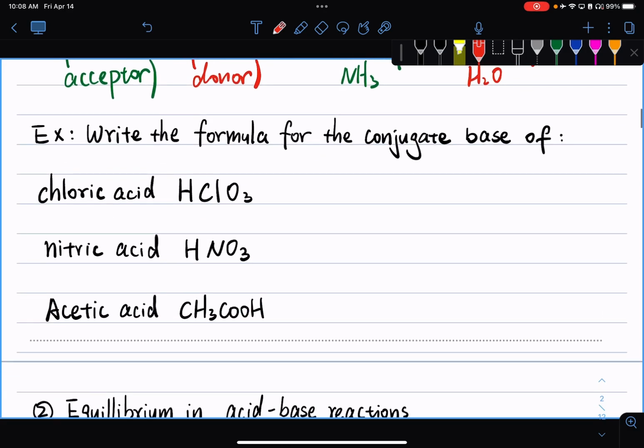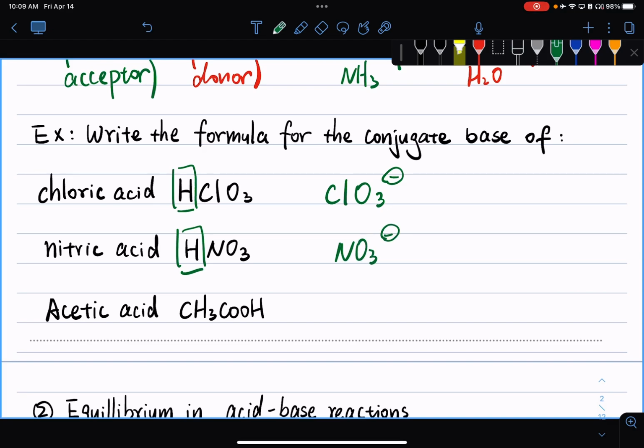So some example questions here: let's say you have chloric acid, HClO3, and its conjugate base, obviously it's losing a hydrogen, so the conjugate base will be ClO3 minus. Nitric acid, after losing that hydrogen, we have NO3 minus.